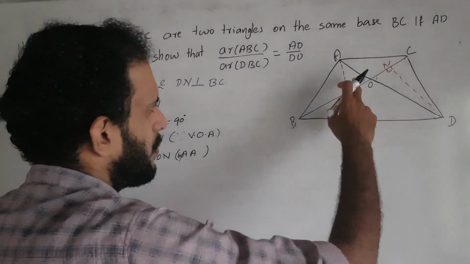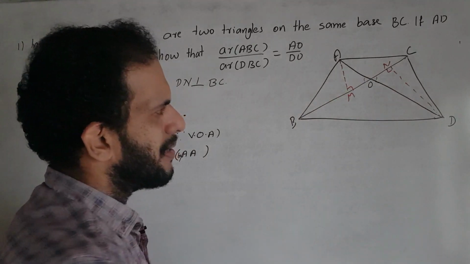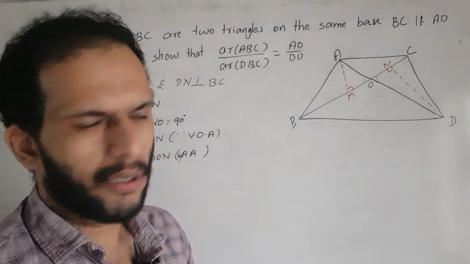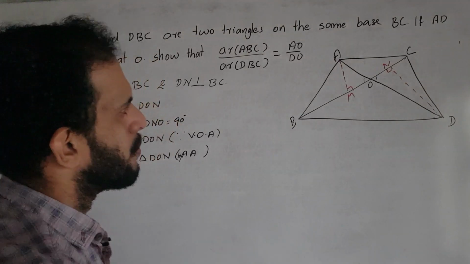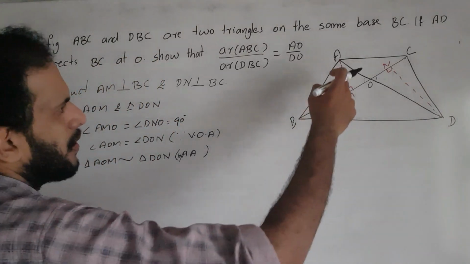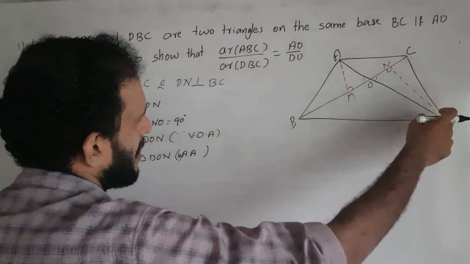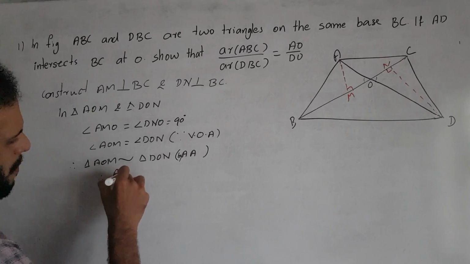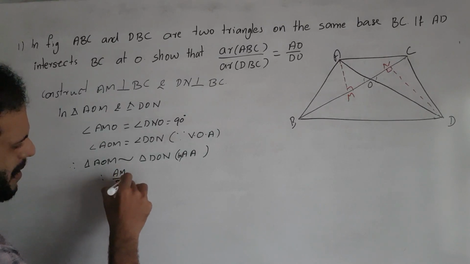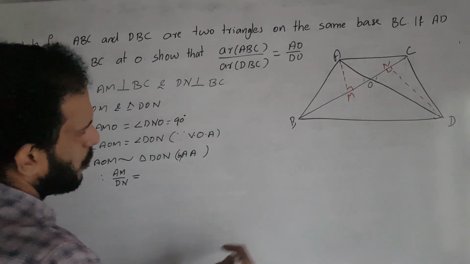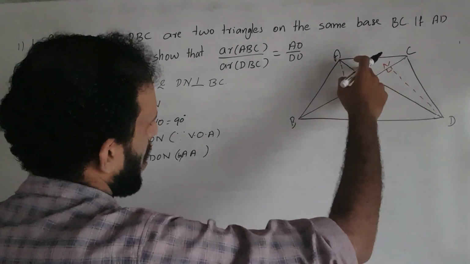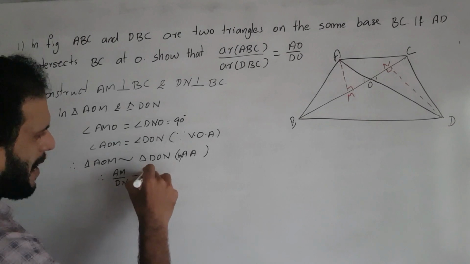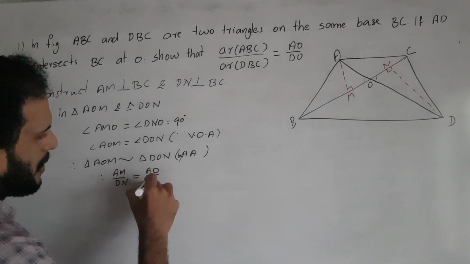Yes, if two triangles are similar, then their corresponding sides are proportional. Correct? What are the corresponding sides? Here we have the corresponding sides AM and DN. Therefore, AM by DN is equal to AO by DO.